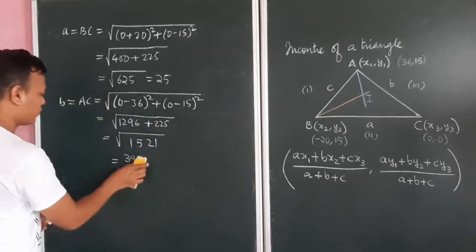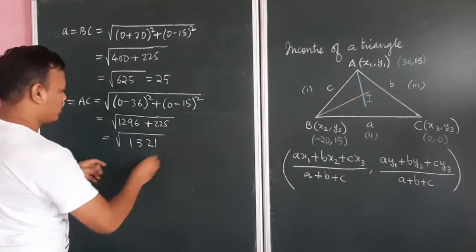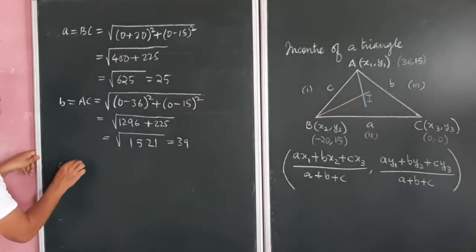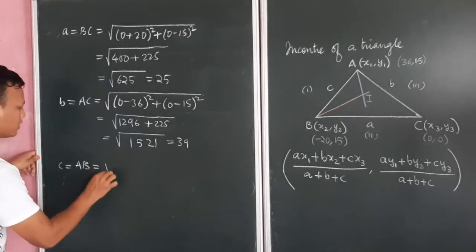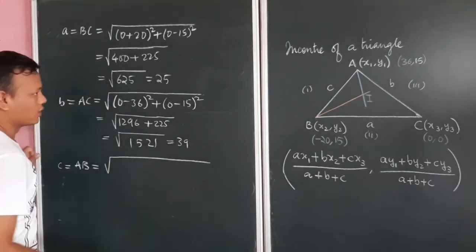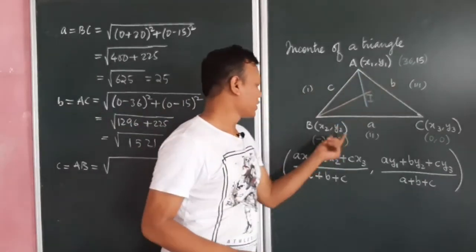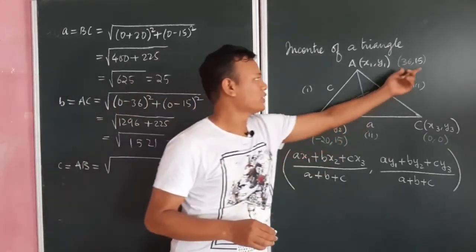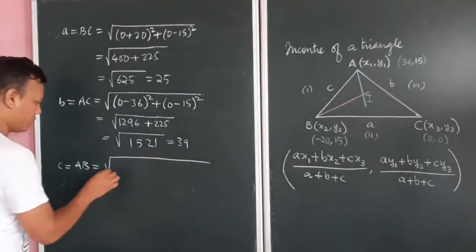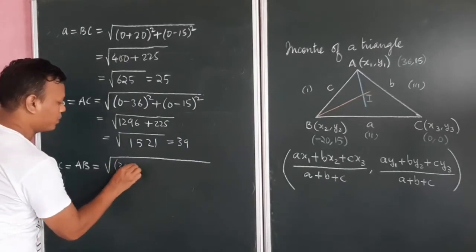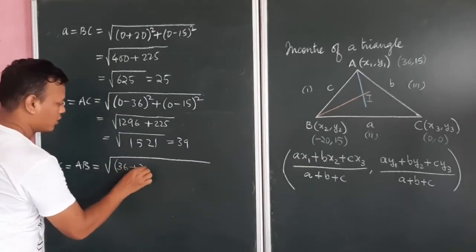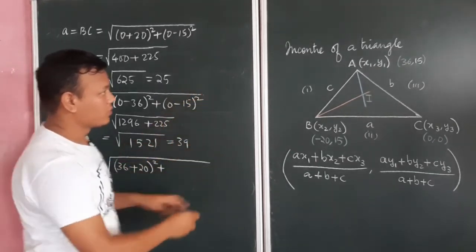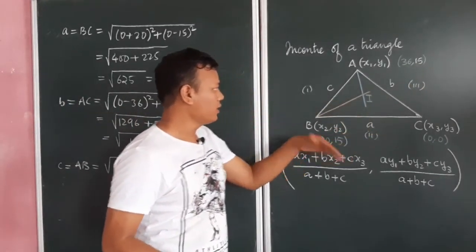So similarly, let us find what is our C. C is AB, isn't it? So let us calculate what is our AB as well. Call this x1 y1 and this x2 y2. So we are going to have 36 plus 20 whole square plus 15 minus 15 whole square. 15 minus 15 will be 0.